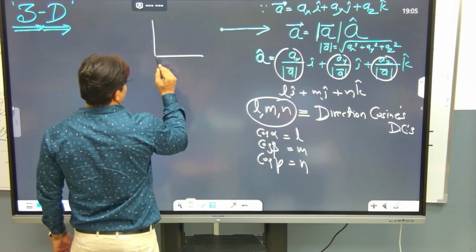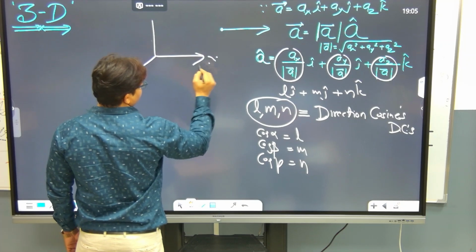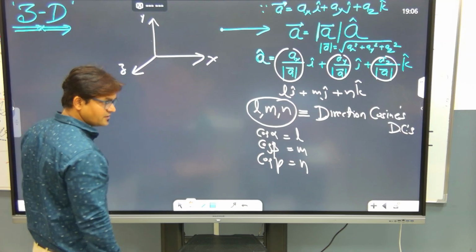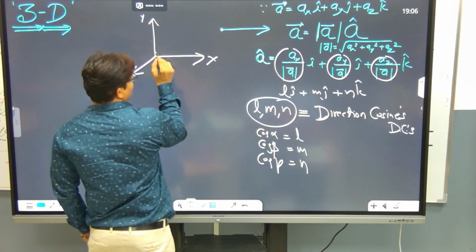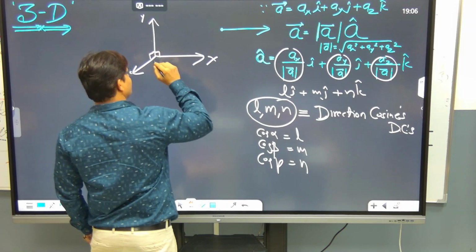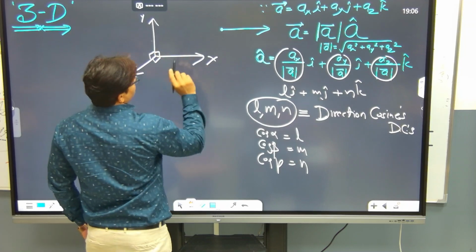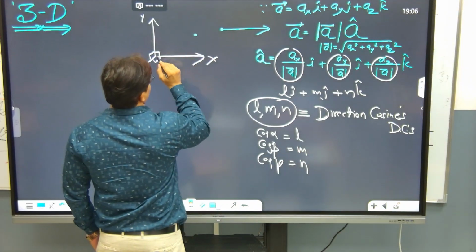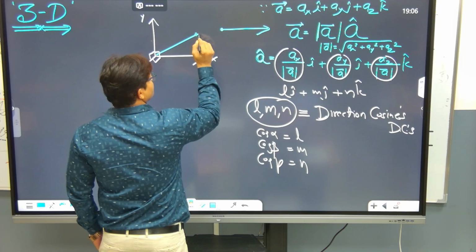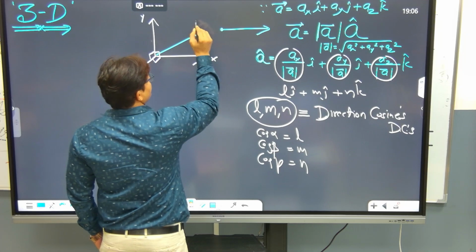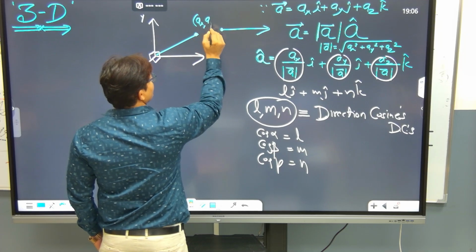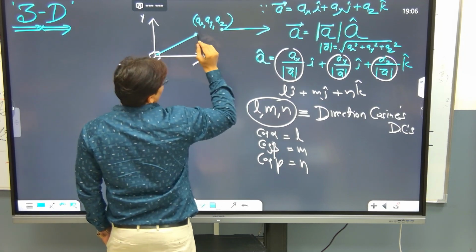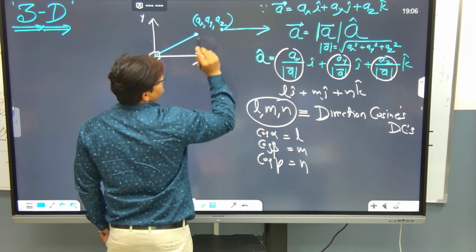If we have any vector A in 3D, this is our x-axis, y-axis, z-axis. These x, y, z axes are known as the rectangular coordinate axes. All three are mutually perpendicular to each other. So here if we have one vector, vector A, the coordinates of its head are ax, ay, az, so the coordinates of this vector A or point A are given by ax, ay, az.